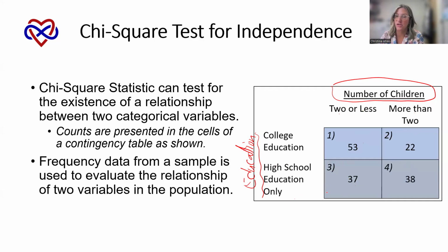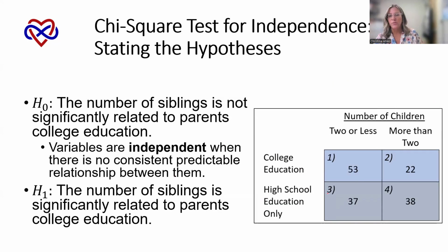So all it's looking for is the frequencies and the relationship between the 2 variables. It is another form of a test for a relationship, but it's used when you have those categorical variables.